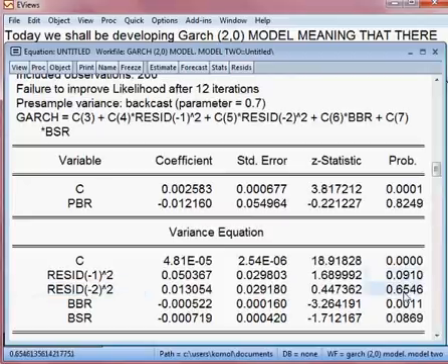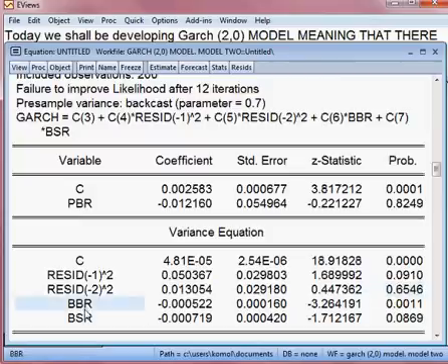You can see from here they are insignificant. That means internal information, internal causes cannot affect the Indian bond return volatility. But what about external volatility? Whether external volatility can affect Indian bond return or not, that we can check.